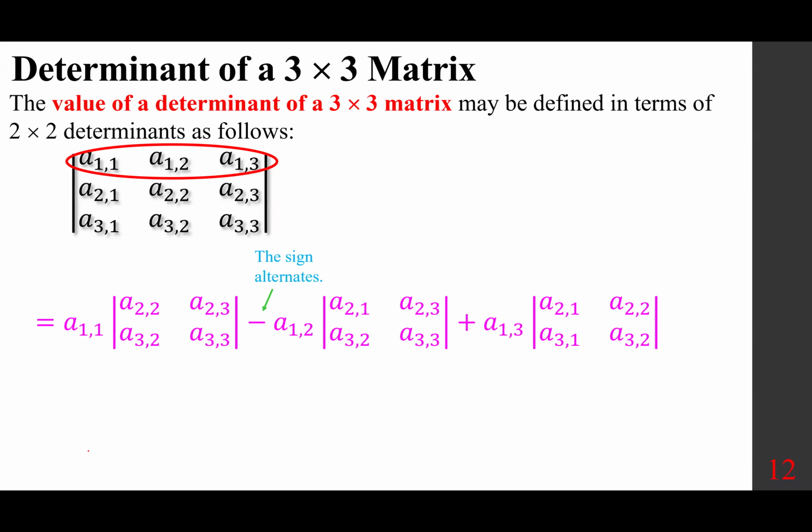So how do we get this one, everybody? We drop this one, and this is what you get, the determinant of that. Why are you dropping the first column? Because you're using A11.